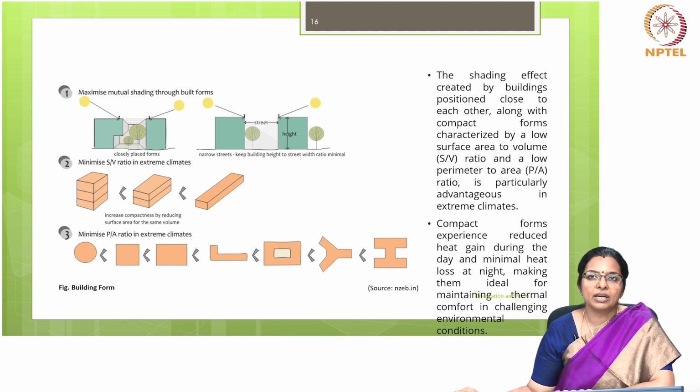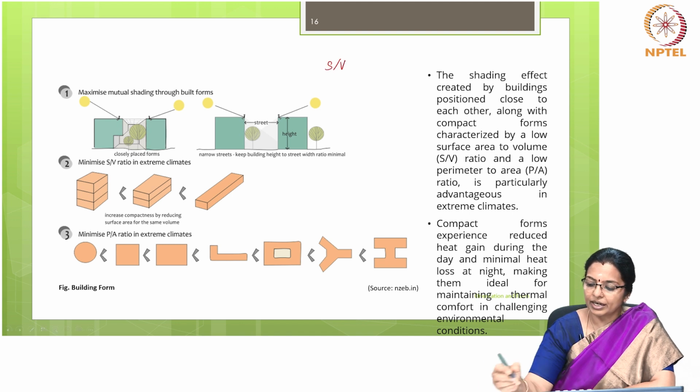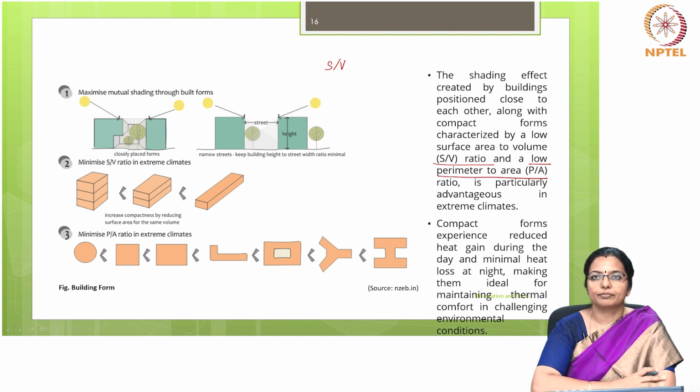Second, it minimizes heat loss. Third, there is provision for mutual shading. Fourth, it is more energy efficient. So, the ideal form of building is characterized by compactness, optimized surface to volume ratio and a low perimeter to area ratio.